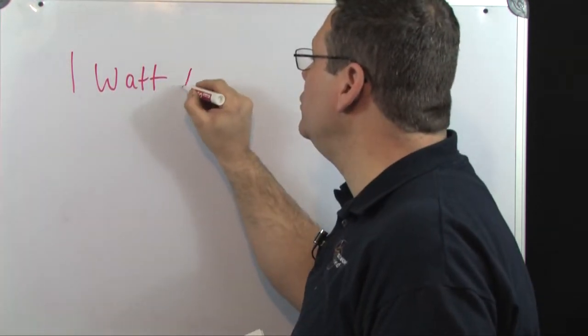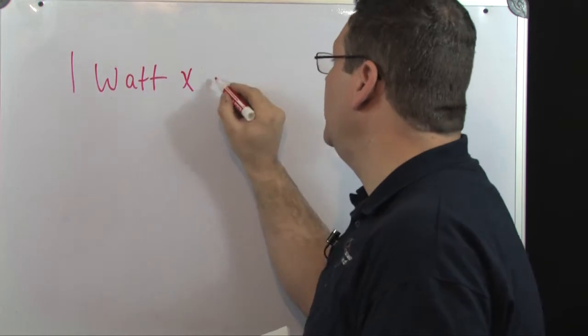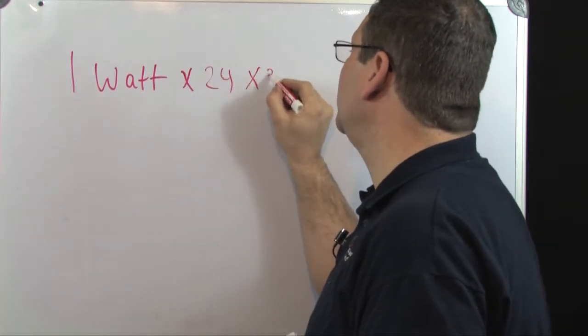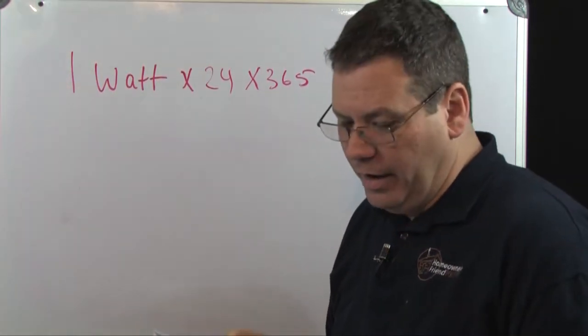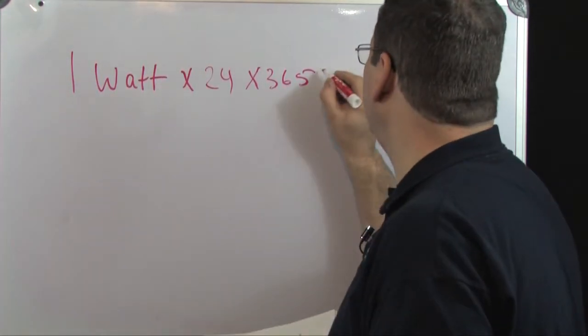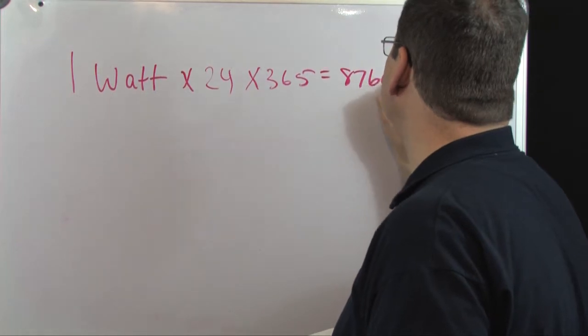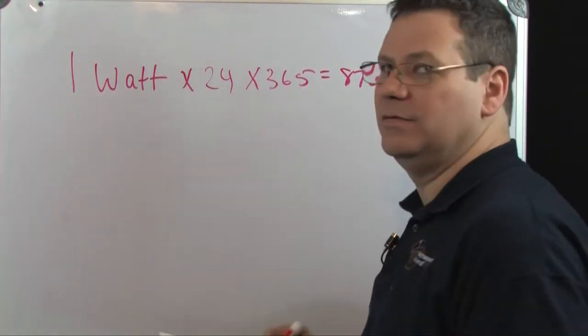You're going to obviously leave that clock radio on 24 hours a day, and you're obviously going to leave that on 365 days a year. It's on constantly. If you multiply those out, it comes out to 8,760 watt hours.